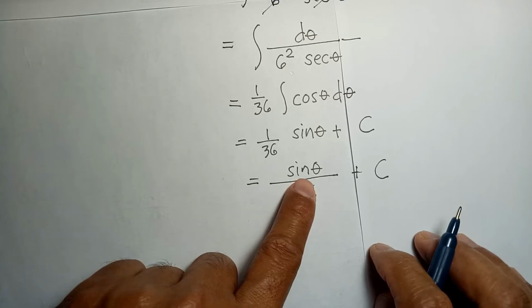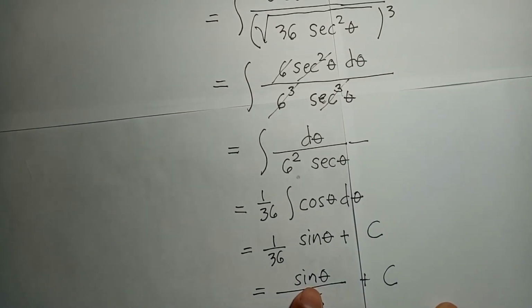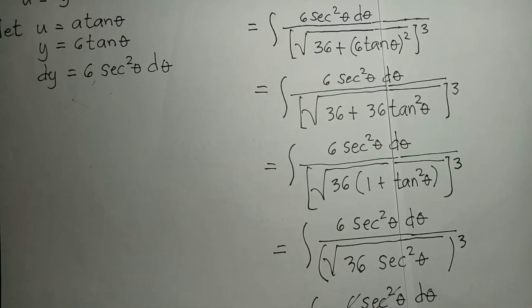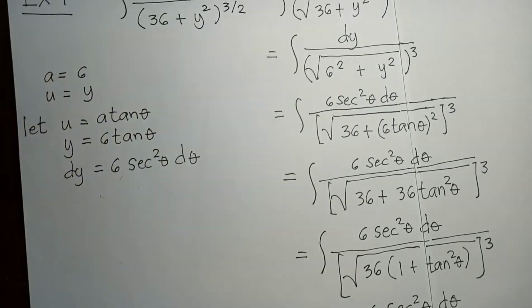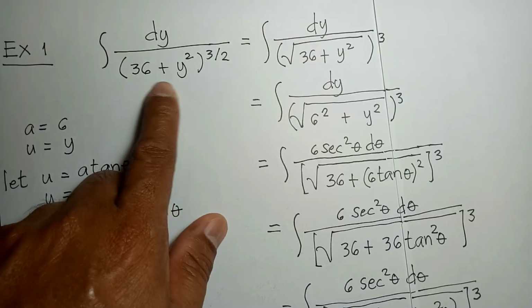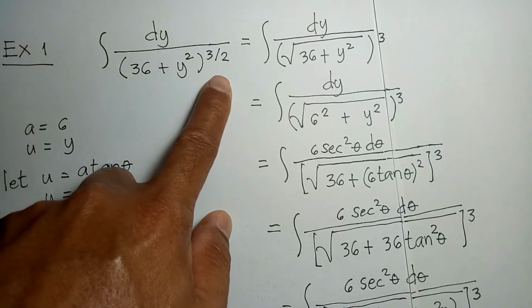Ang gagawin natin, hahanapin natin ngayon yung equivalent of sin theta in terms of y, kasi ang problem natin ay in terms of y. Ito yung ating problem: integral of dy divided by 36 plus y squared raised to 3 over 2.